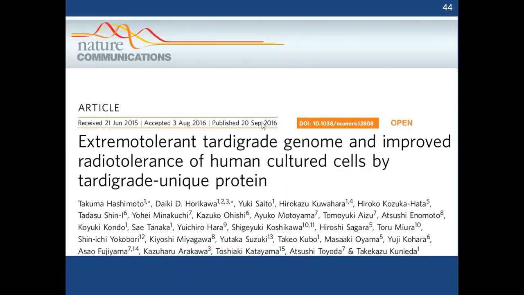And using systems biology tools, they came up with some proteins which are quite interesting.